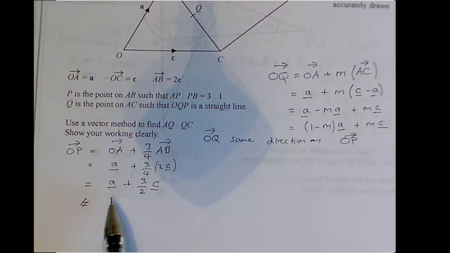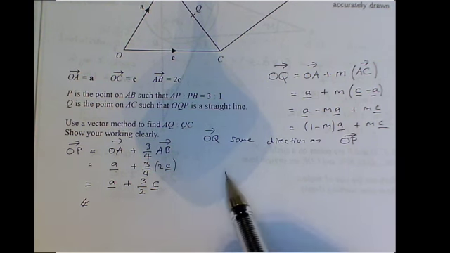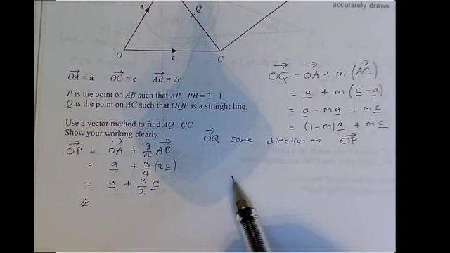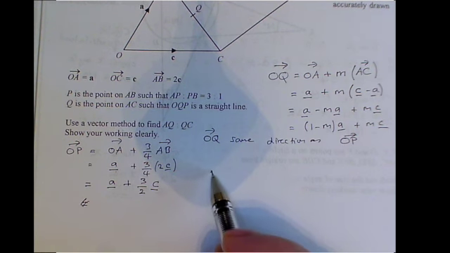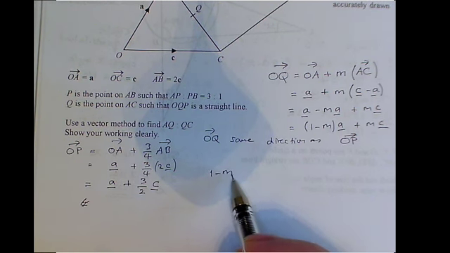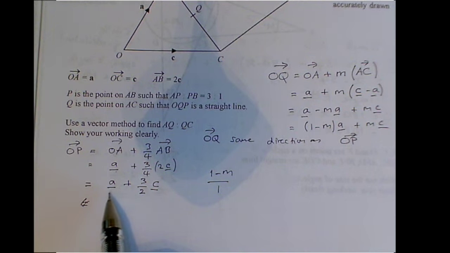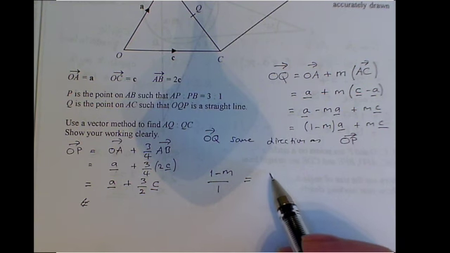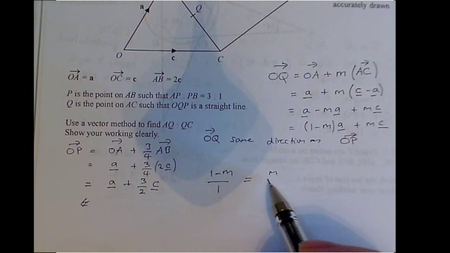And that's the same fraction as M over 3 over 2, comparing the C coefficients, the values in front of the C. So here we go, 1 minus M over 1 is the same proportion as M over 3 over 2. So I've got two fractions, I can cross multiply, and I should be able to solve that for M.